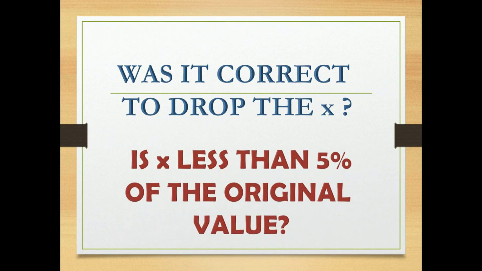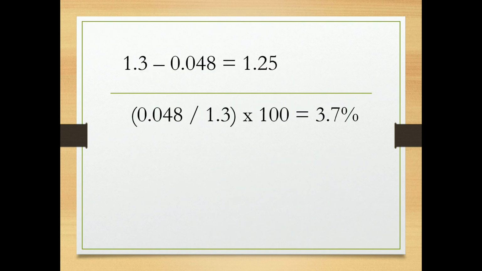So is x less than 5% of the original value? Now I have two different original values, so I have to compare it to both. So 1.3 minus 0.048 equals 1.25. That 0.048 divided by 1.3 times 100 gives me 3.7%.